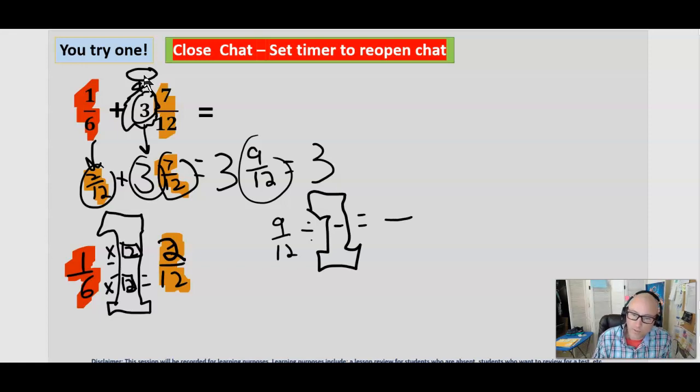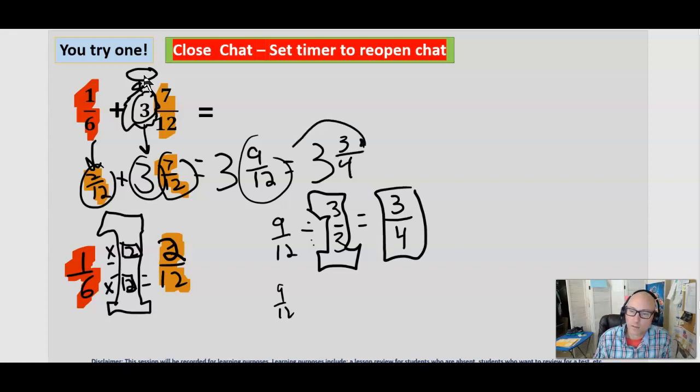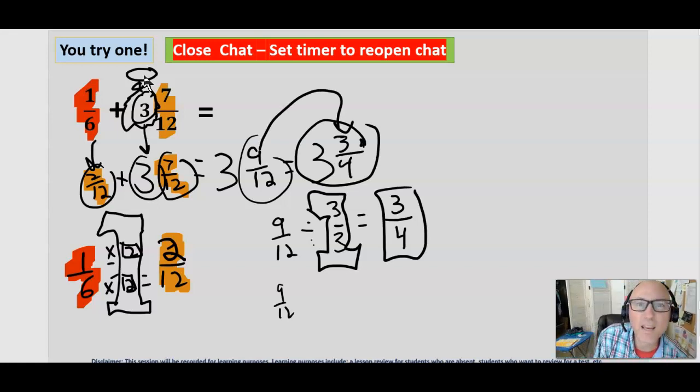What's the greatest common factor of 9 and 12? That's going to be 3. Divided by 3 over 3. 12 divided by 3 is 4. 9 divided by 3 is 3. 3/4. 3 3/4 is the answer, because we just took that 9/12ths and turned it into 3/4, which is still the same, equivalent to 9/12ths. We're just saying it in a more simple way.